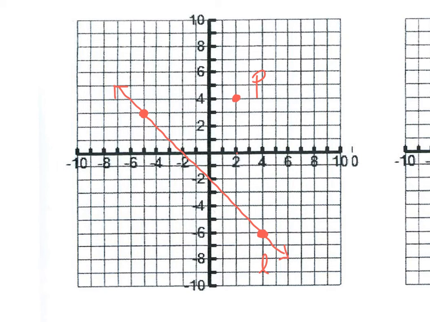And now I'm going to find the slope of this line. So I count, 3 and 6 is 9 this way. And then this way from negative 5 to positive 4 is 9. And I went down, so that's a negative 9. So my slope is negative 1.